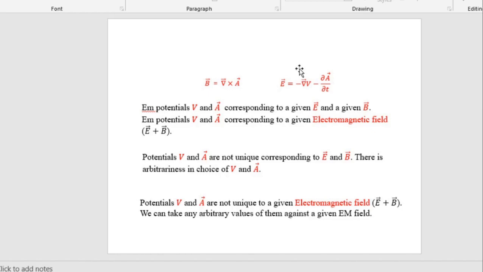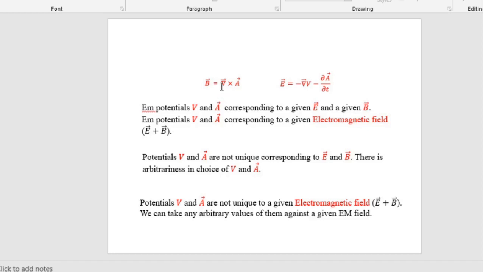Finally, let us make one thing clear, that instead of saying separate electric field E and separate magnetic field B, let us call them collectively the electromagnetic field, as we are studying them in the theory of electrodynamics. Okay, and these fields are always coupled, and we can also see it from these expressions.